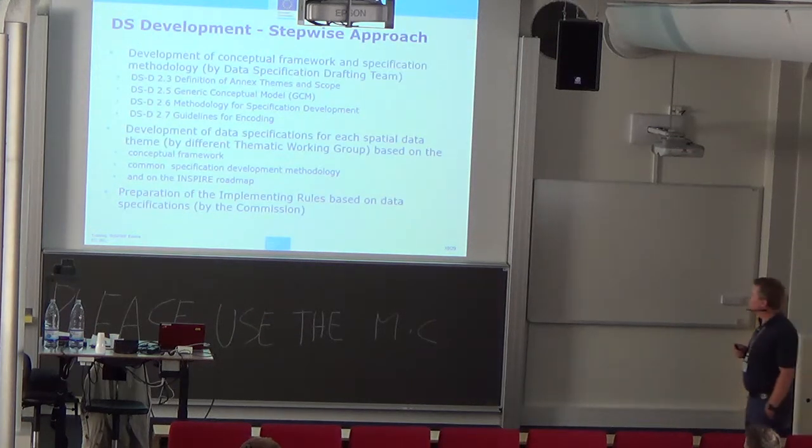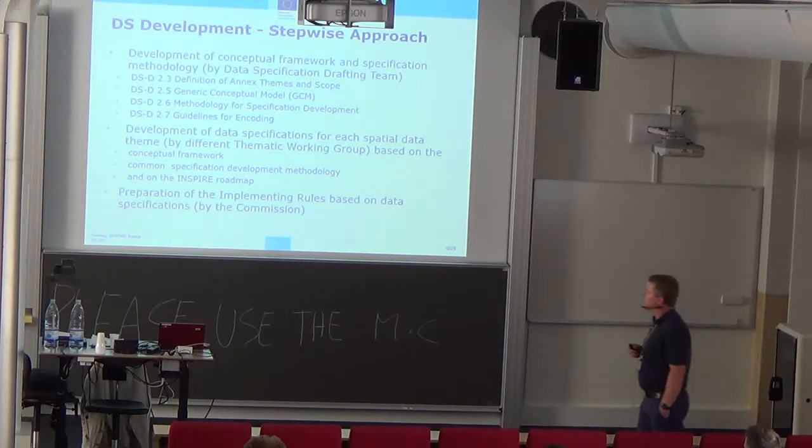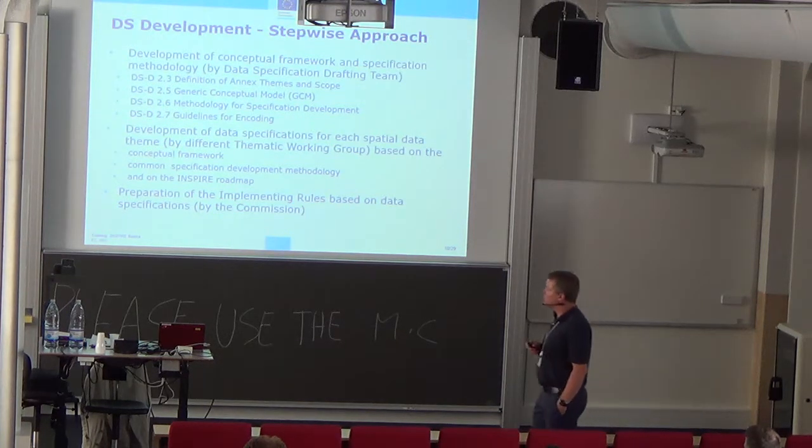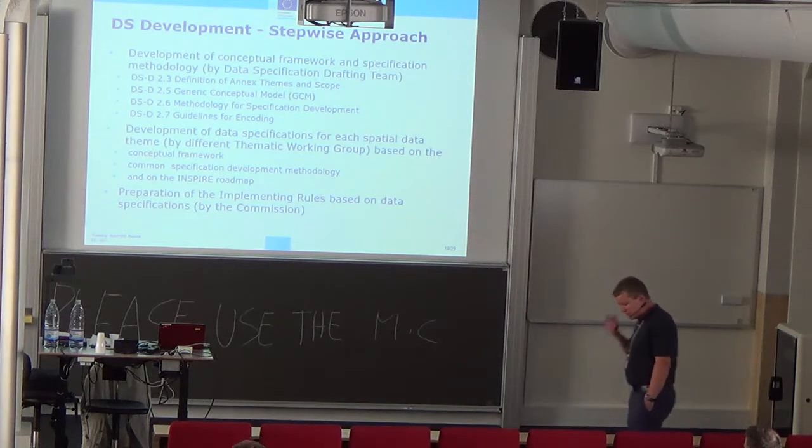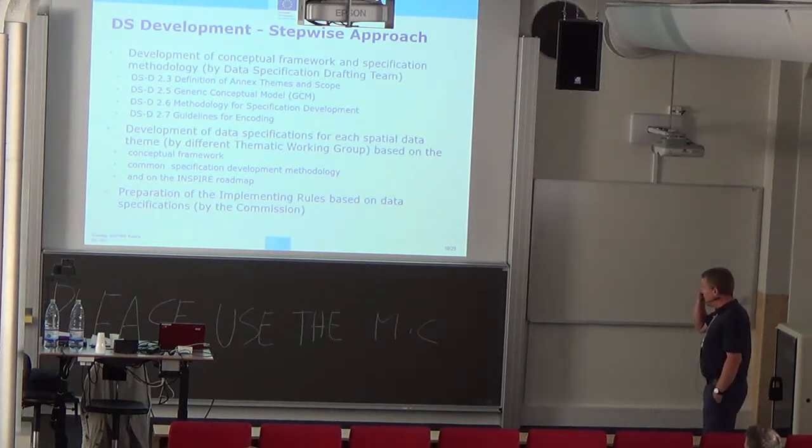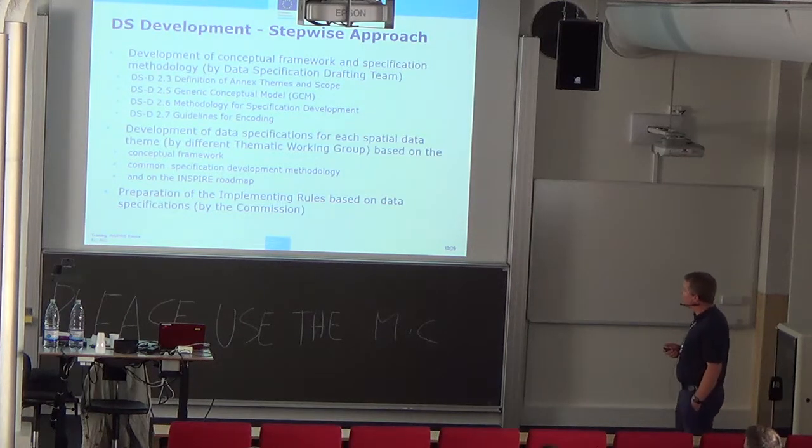Okay, a little bit about the development of these data specifications. I think this is important to see how all of those data specifications were developed. The start was the development of a conceptual framework and specification methodology.